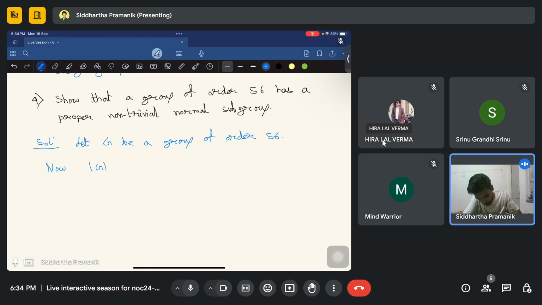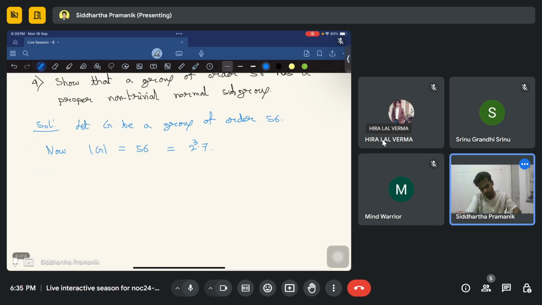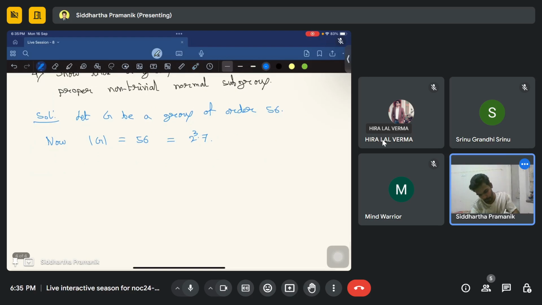So the order of G is 56, which equals 2 cubed times 7. So it has a Sylow 2 subgroup and also a Sylow 7 subgroup. The Sylow 2 subgroup has order 8, and the Sylow 7 subgroup has order 7.